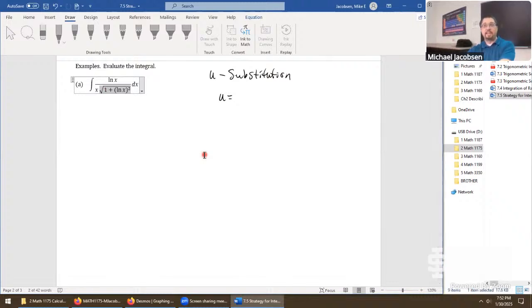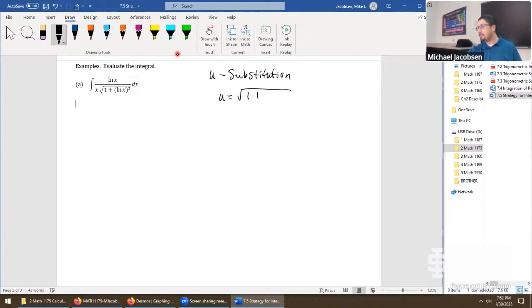Usually you don't want to go too big because it's going to fail at some point. Taking the entire denominator as u is probably not a good way to go. If I was going to do this myself, I personally would just take natural log x as my u. But for the folks that like to go big, let's do this one.